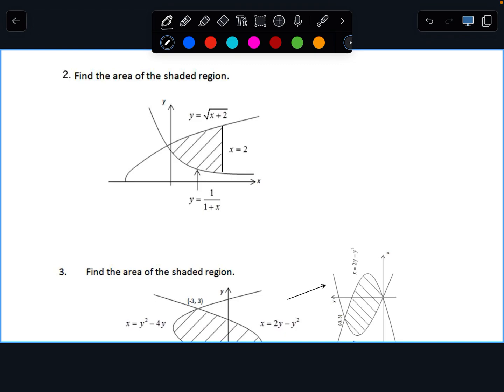Okay. And you want to first see if you're going to do this in terms of x or y. If you're looking at this, reading it left to right, is there a function that is always above the other one? That's how you always have to think about it. Are all the points on the curve above the other points on the curve? That's how I like to think about it.